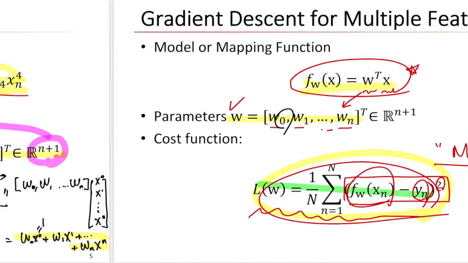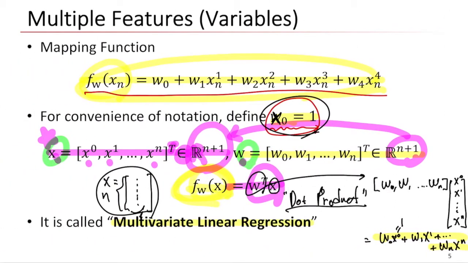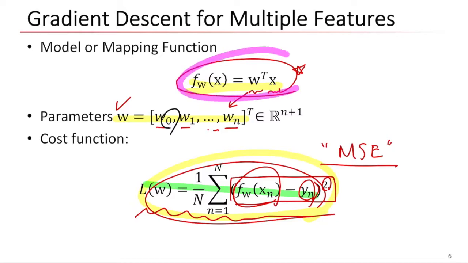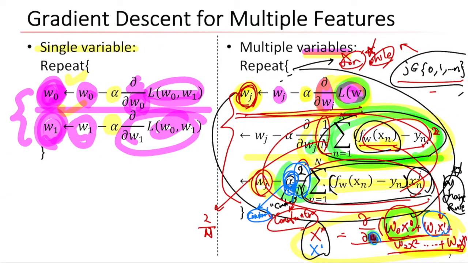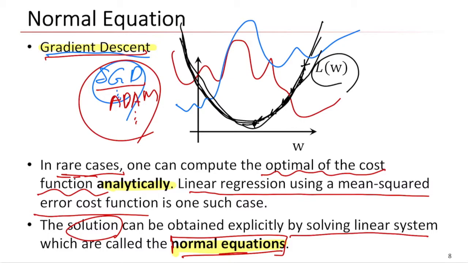So with this mapping function, it can be reformulated something like this as a vector multiplication form, right? And we can propose the new gradient descent algorithm for the multiple variable cases, right? There is another solving method called the normal equation solver, like this.